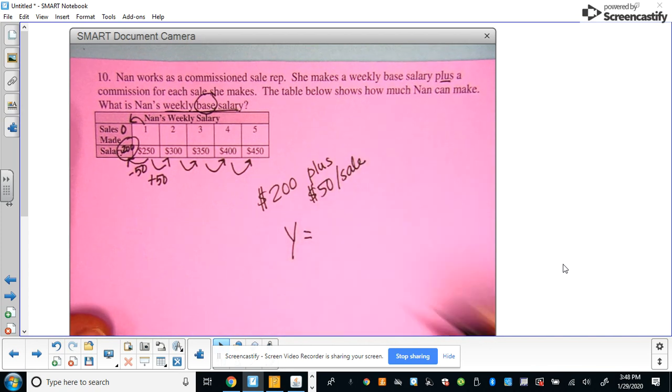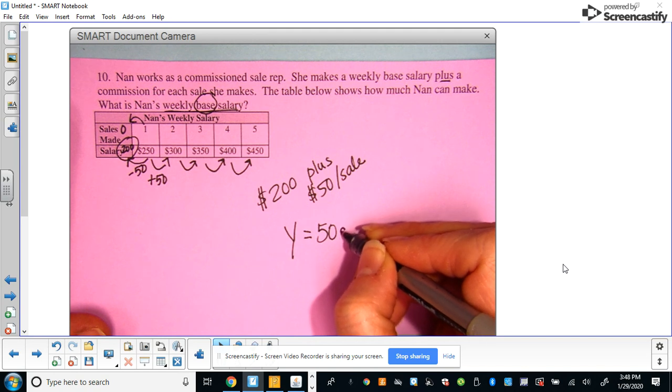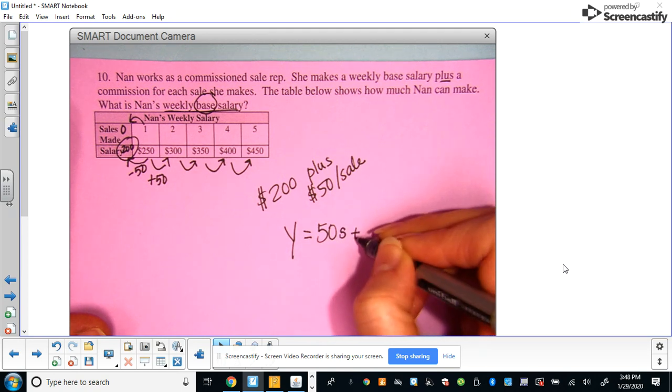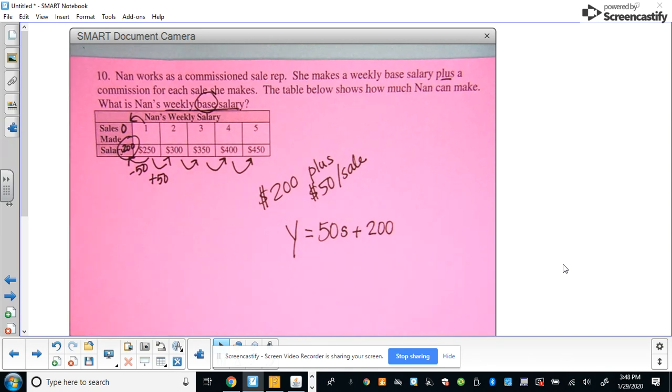We would write that equation like this: y equals 50 times S, for sales, plus the 200 base salary. I hope this helps you understand the meanings of slopes and y-intercepts in tables, graphs, and word problems.